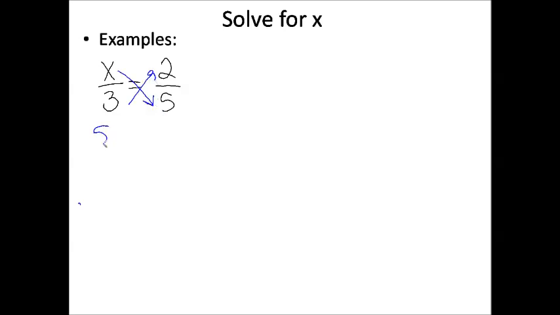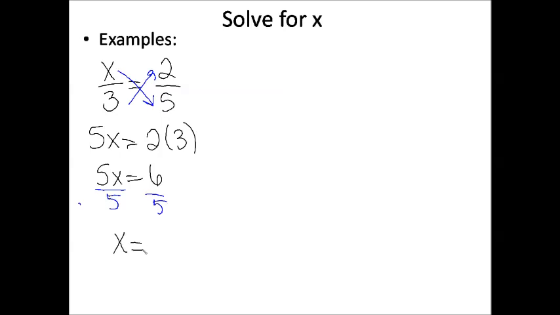So 5 times x is equal to 2 times 3, or 3 times 2, whichever. So 5x is equal to 6. Divide both sides by 5. 6 doesn't divide by 5, and that's perfectly okay. Just leave it as a fraction.